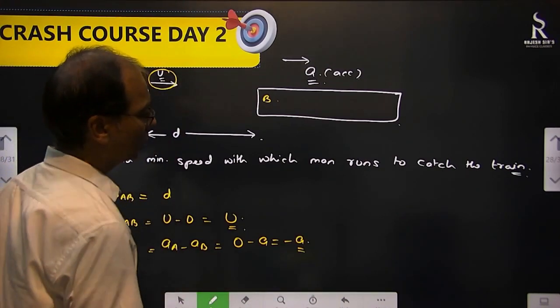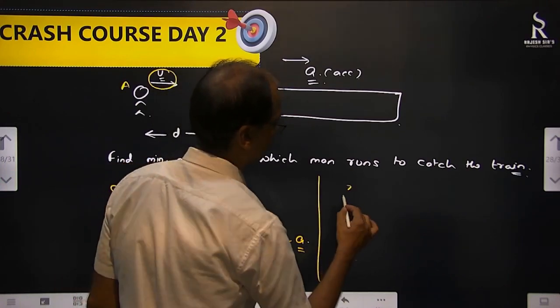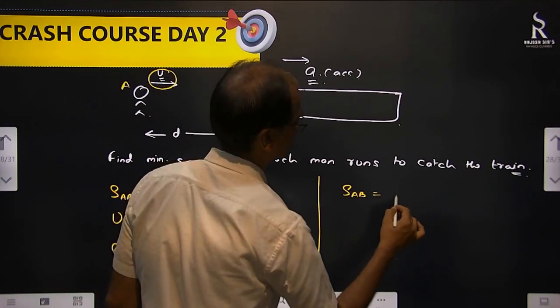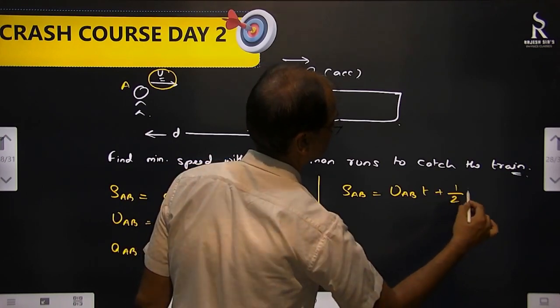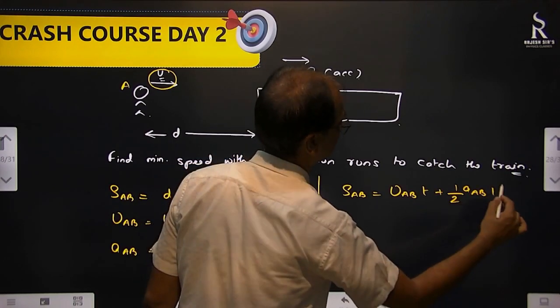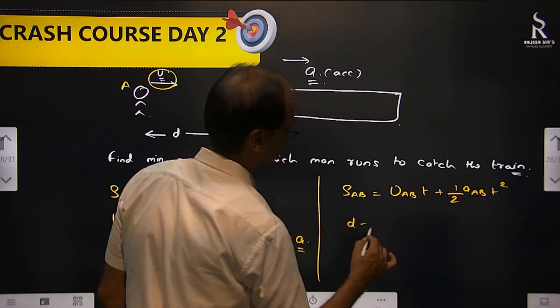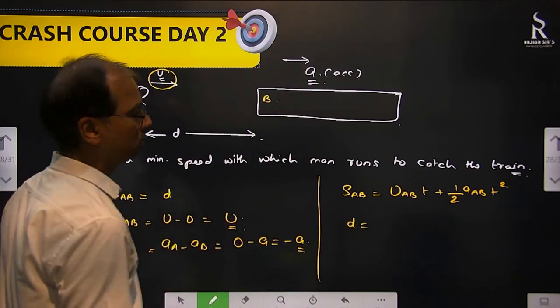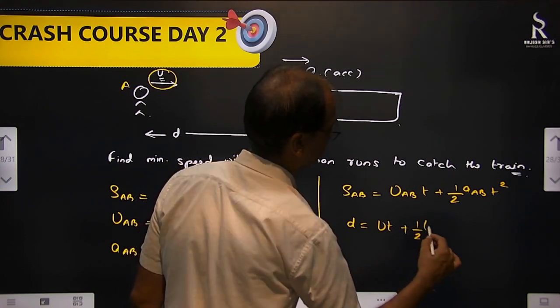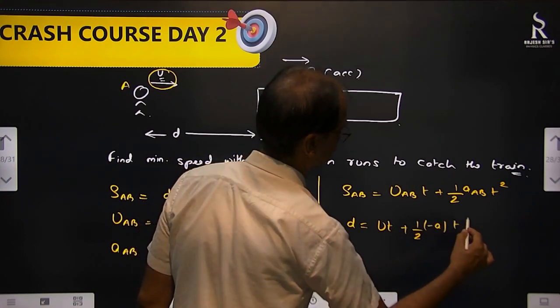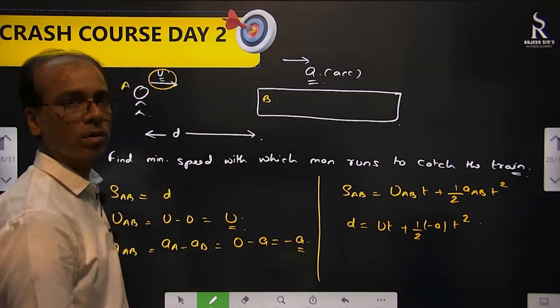Now let's use the second equation again. SAB equals UAB into T plus half acceleration of AB into T square. SAB is D, UAB is U, plus 1 by 2 and this is minus a into T square. So it is a quadratic equation. Can we solve?